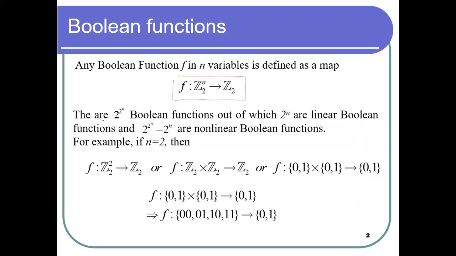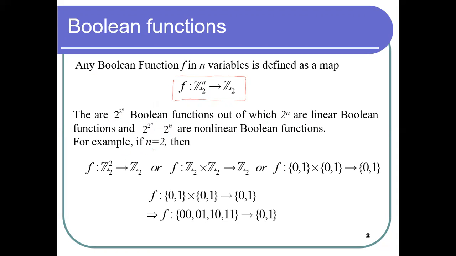Another question is how many Boolean functions there are on binary input. There are 2 to the power 2^n Boolean functions, out of which 2^n are linear Boolean functions, and the rest, 2^(2^n) minus 2^n, are nonlinear Boolean functions.